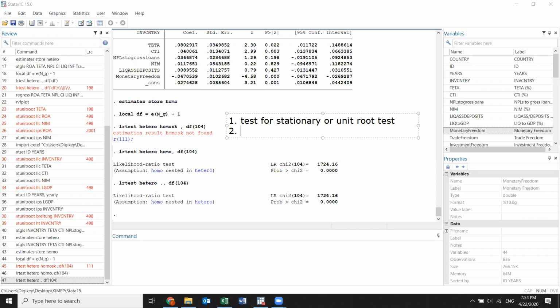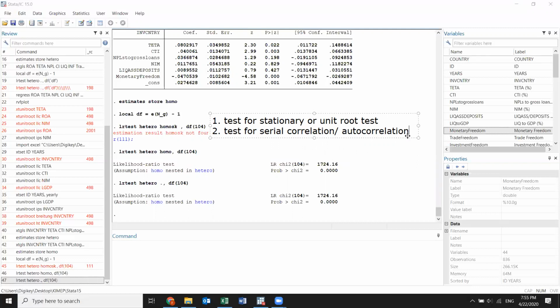Second, we have to test for serial correlation or autocorrelation. If there is a serial correlation in your variable, if there is autocorrelation, then there is a big problem, which means that your results will not be good.